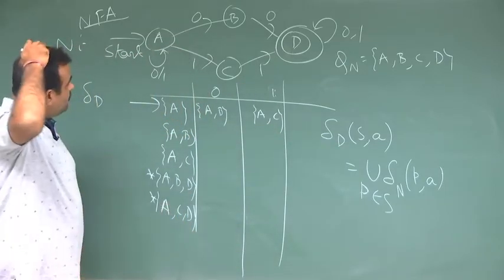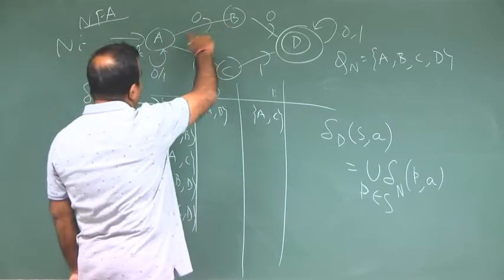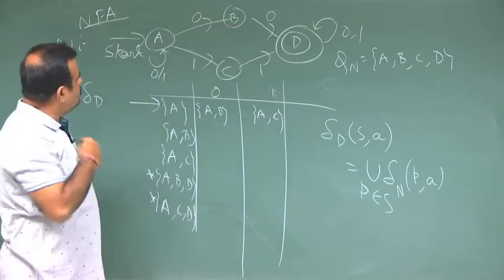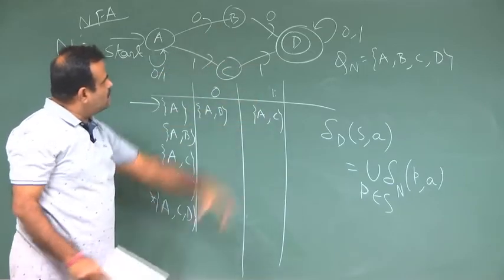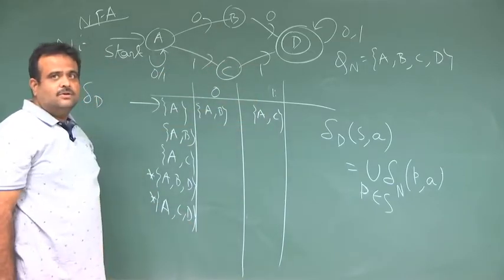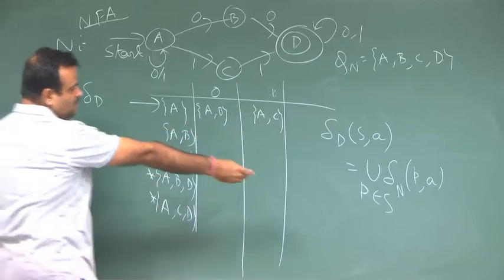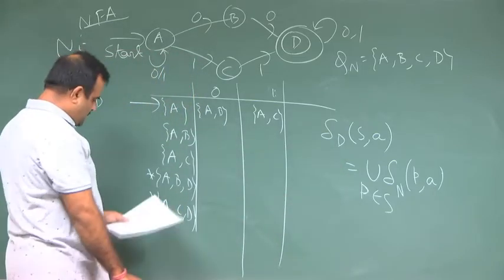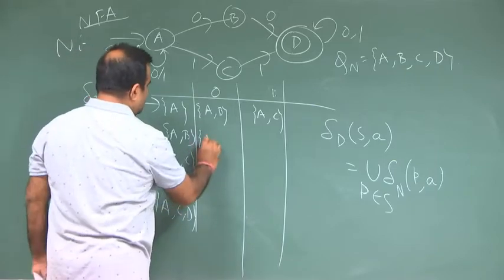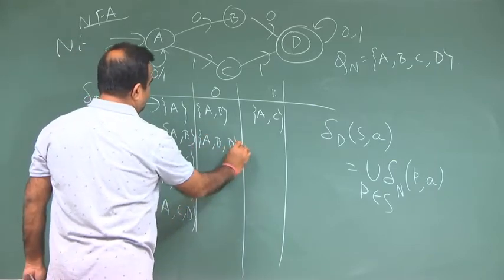Okay. Now, from AB with the 0 move, from A we can go to AB, and from B we can go to D. So, if you take the union by this formula, it is ABD.